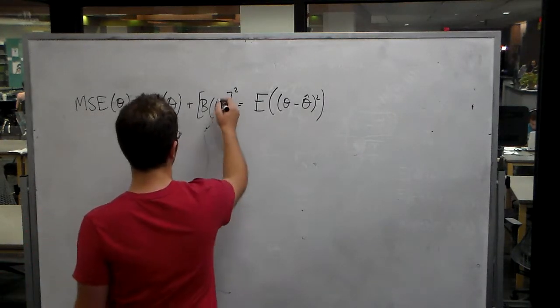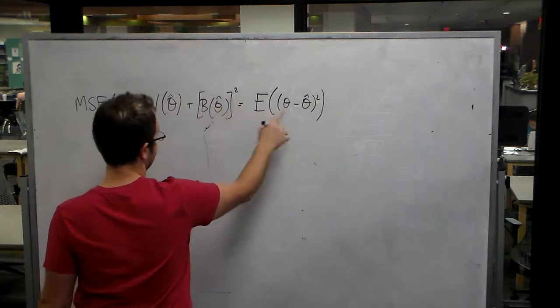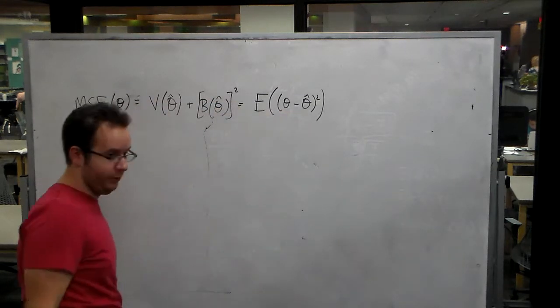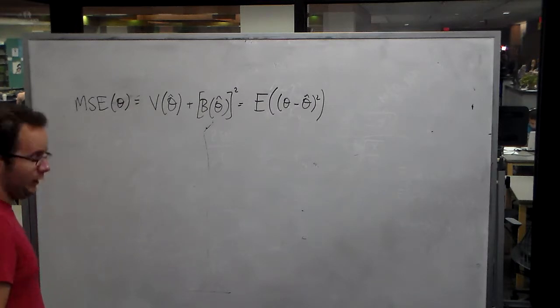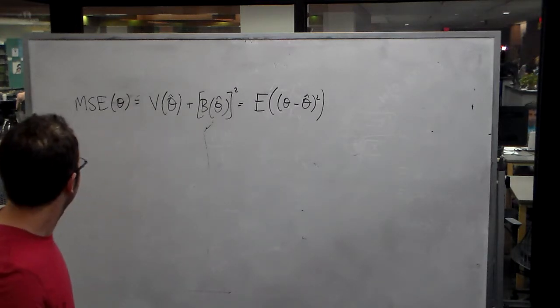Technically, this should say theta hat minus theta according to the formula sheet, but if you square something that's reversed, it doesn't change anything. So we have the MSE of theta hat.